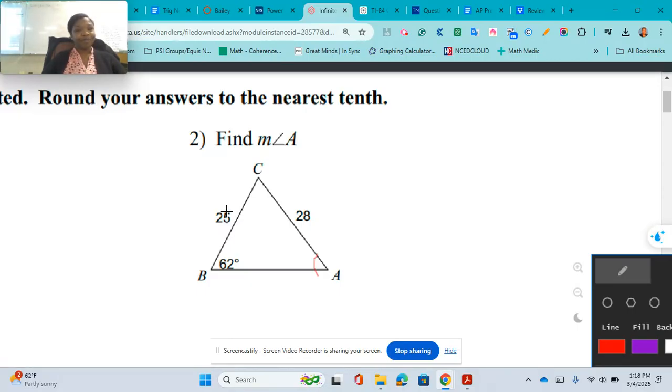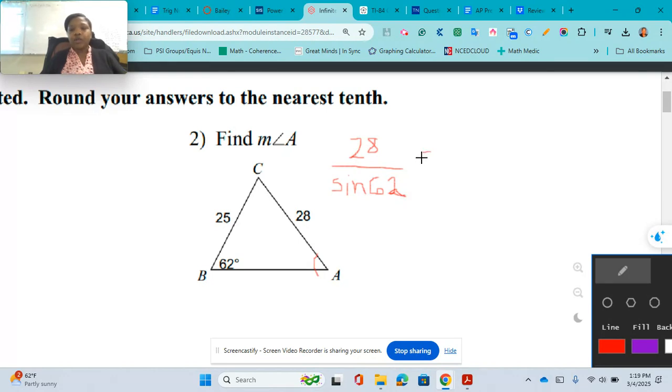We are. All right. So we're able to use the law of sine, so that would be 28 divided by the sine of 62, all right?